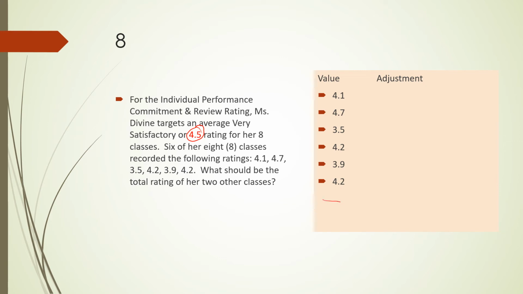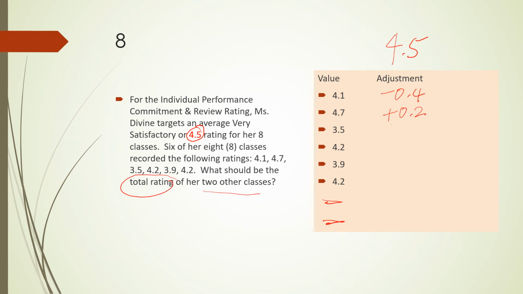So we will have to be careful that she has 8 classes. Okay, and we are asked for the total rating for the 2 other classes. So a reference value in here will be 4.5. So you know the drill. This is minus 0.4. Okay, this is plus 0.2.